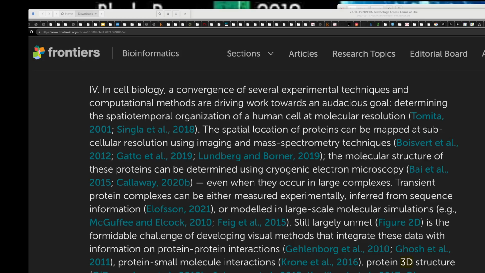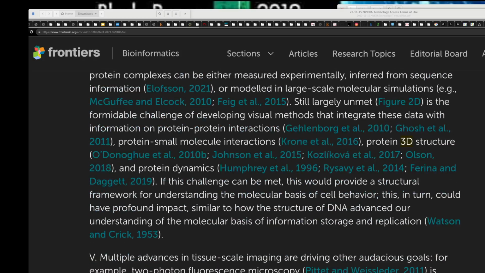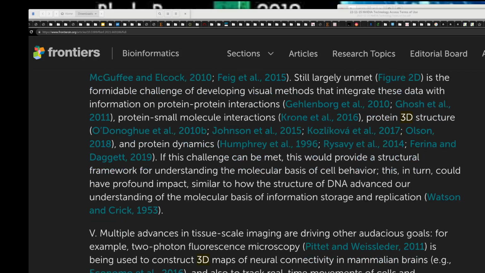Still largely unmet, Figure 2d, is the formidable challenge of developing visual methods that integrate these data with information on protein-protein interactions, Glenborg et al., 2010, Ghosh et al., 2011, protein small molecule interactions, Krohn et al., 2016, protein 3D structure, O'Donoghue et al., 2010b, Johnson et al., 2015, Kozlakova et al., 2017, Olson, 2018, and protein dynamics, Humphrey et al., 1996, Rasavi et al., 2014, Farina and Daggett, 2019.